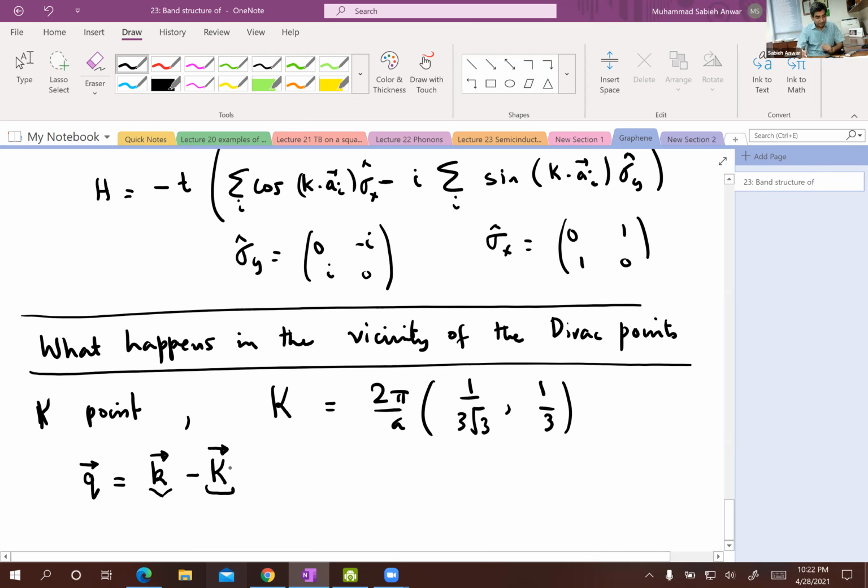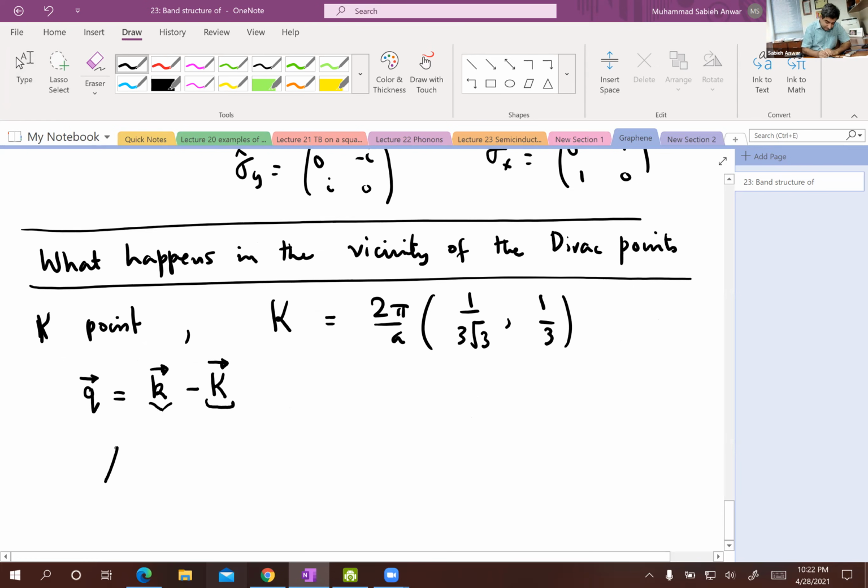So now what I need to do really is I have my dispersion relationship. So I could take my delta, which is the sum of e to the i K dot a. I can expand this, right?